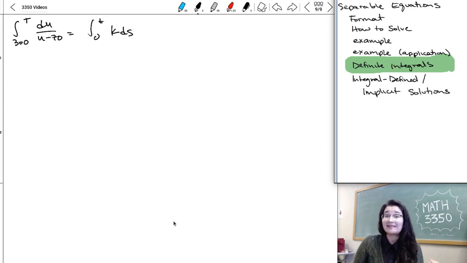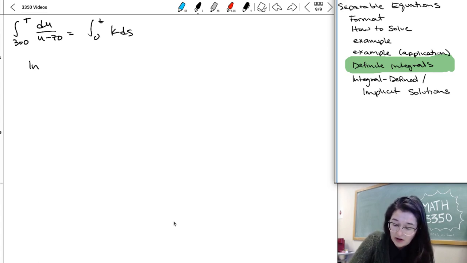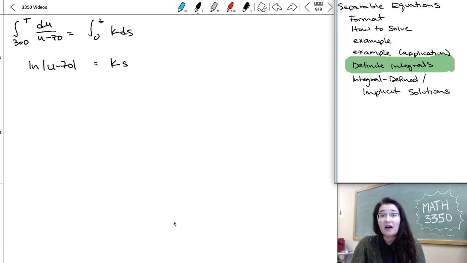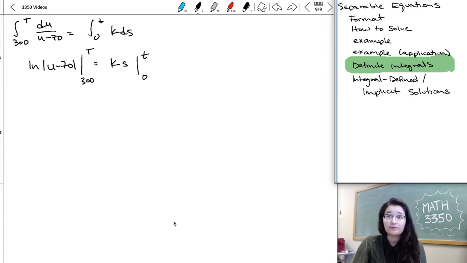They're evaluated the same way. We get natural log of u minus 70 on this side and k times s on this side. But now, instead of doing plus a constant, we evaluate over these bounds. That's how we solve definite integrals.